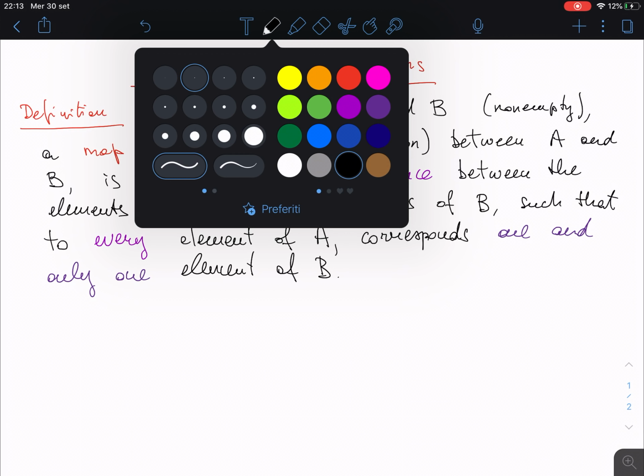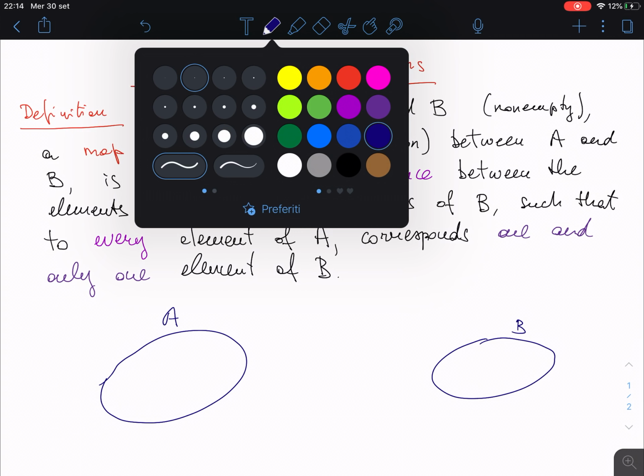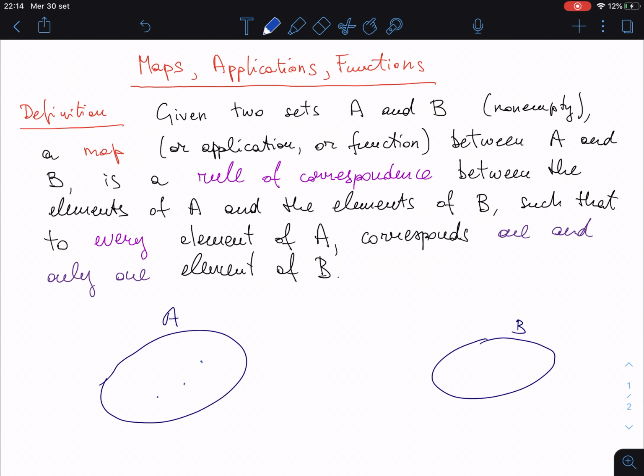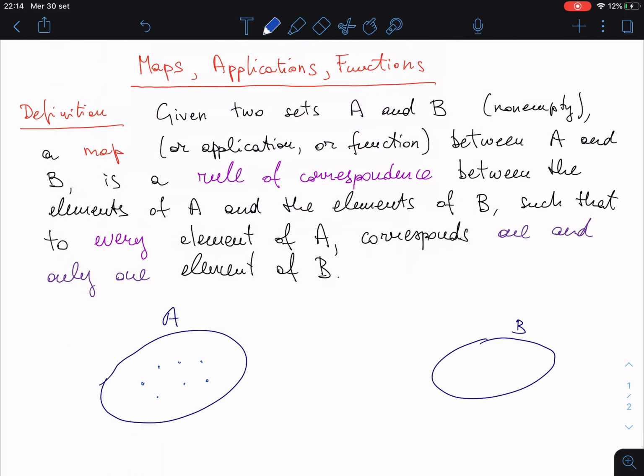We will use the Euler-Venn diagrams and start with these two sets A and B. Elements of A are represented by dots inside A and elements of B by dots inside B. And now we have to establish a correspondence between the elements of A and the elements of B. So for instance, you can take this element of A and send it towards this element of B. An arrow will clarify from which set to which set the correspondence goes.